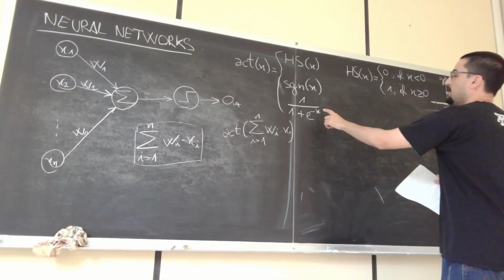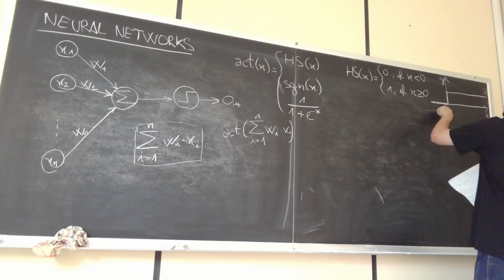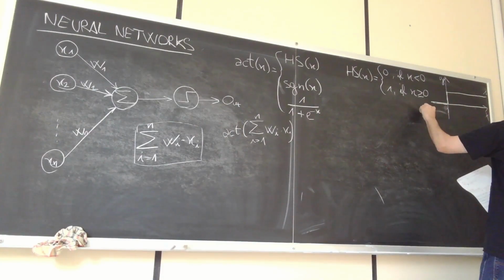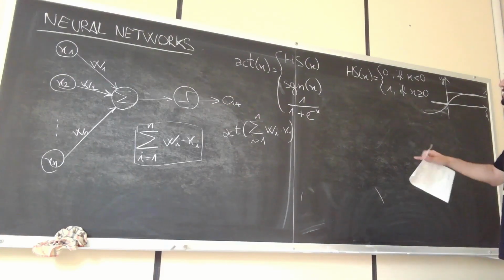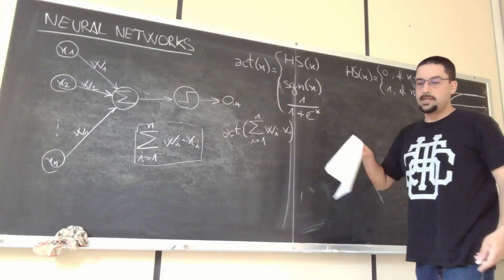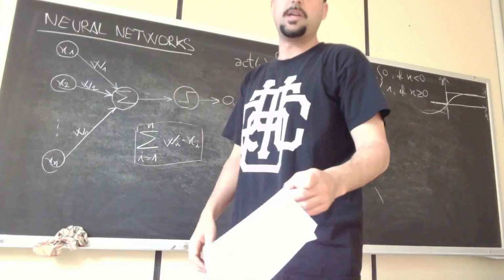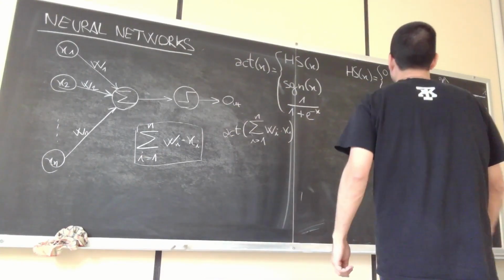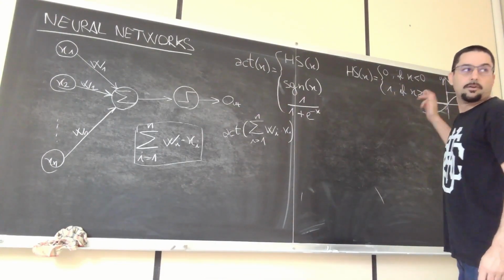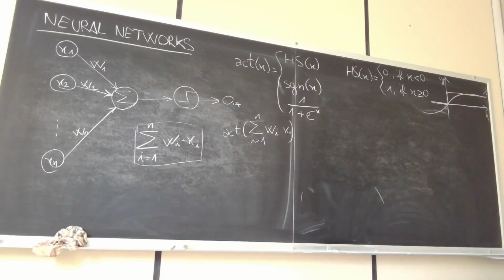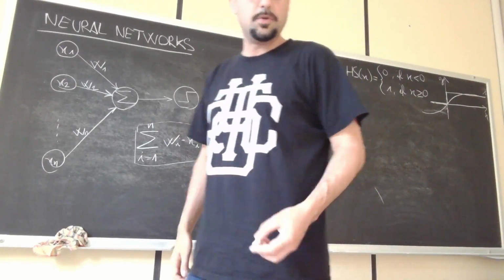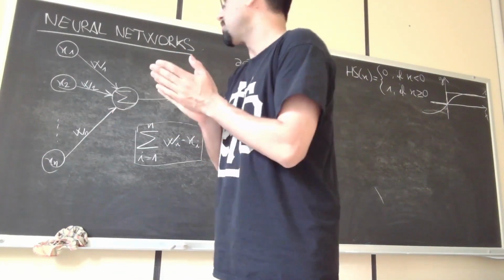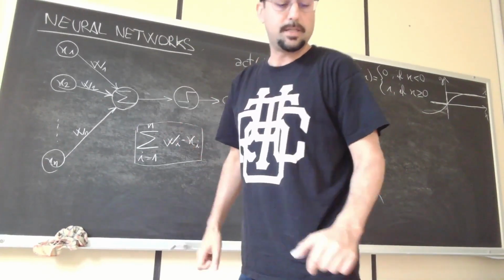So this would have instead a shape like this, more of a sigmoid. And this is actually good, we will see later, because it is differentiable. The sine and the Heaviside function are not differentiable because you have a sharp discontinuity. And the fact that it is differentiable is useful for the matters of learning.